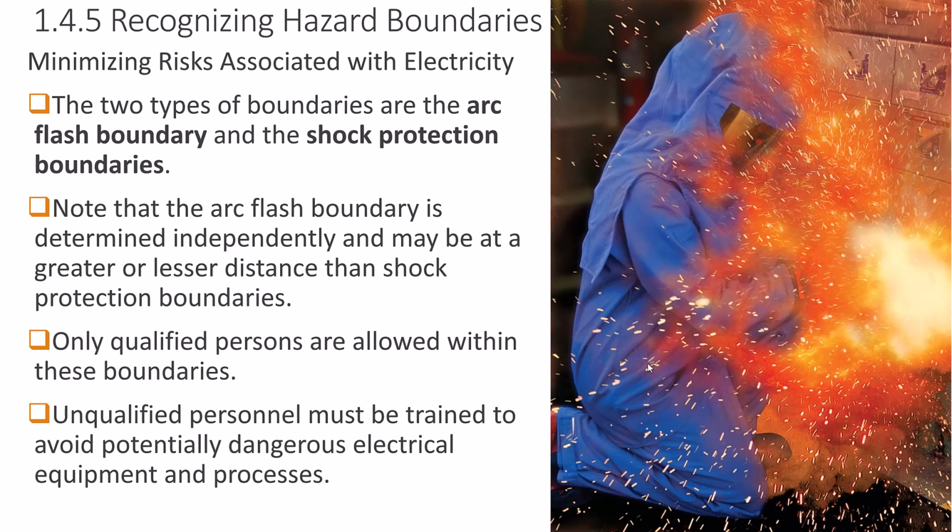You want to be far enough away from an arc flash that you're not going to have shrapnel flying towards you or molten vaporous metal. And then the shock protection boundary is a lesser distance, generally speaking, but it depends. When we're talking about very high voltage, the electrical field is a very real and serious danger.